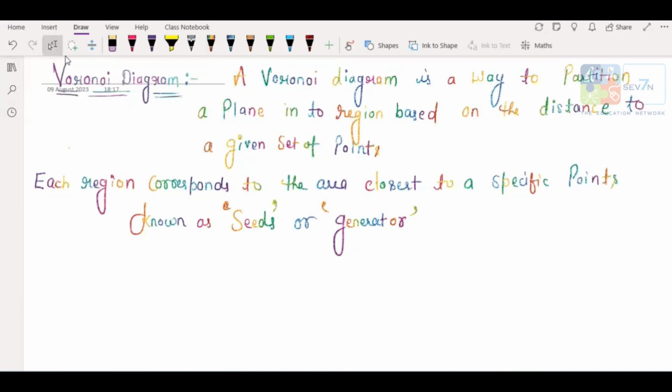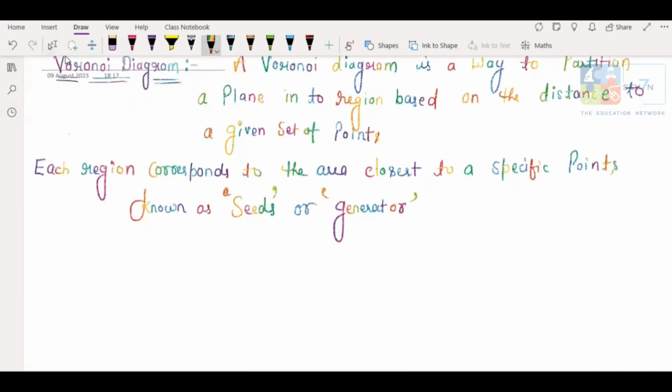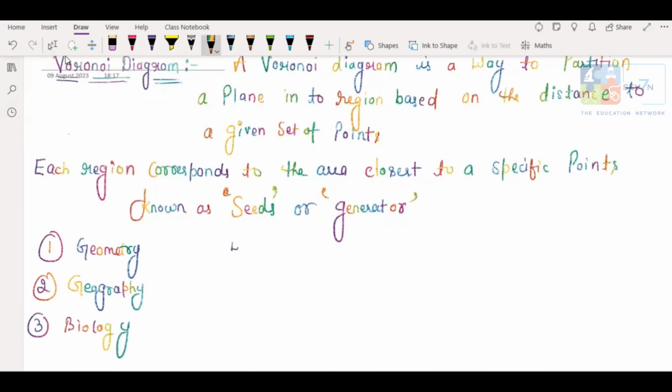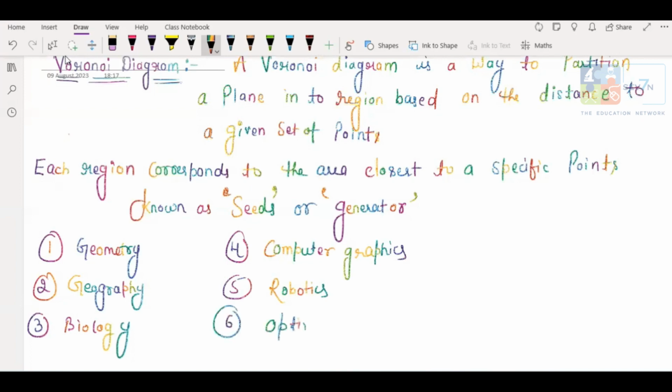Actually, this is a very important application in many different subjects. Like geometry, this is part of geometry. In geography, in biology, in computer graphics, in robotics, and in optimization, we can use this method, and even in visual arts, or art and design.